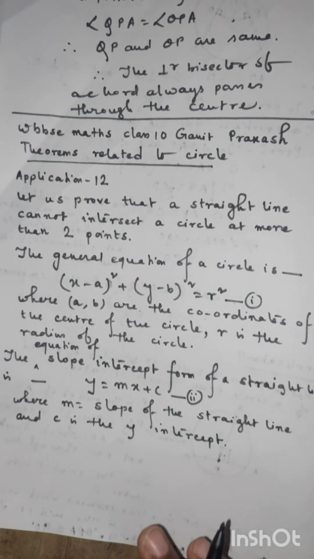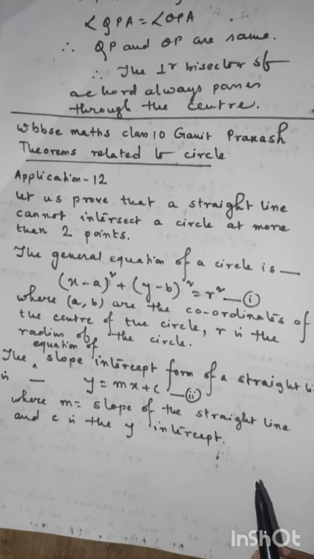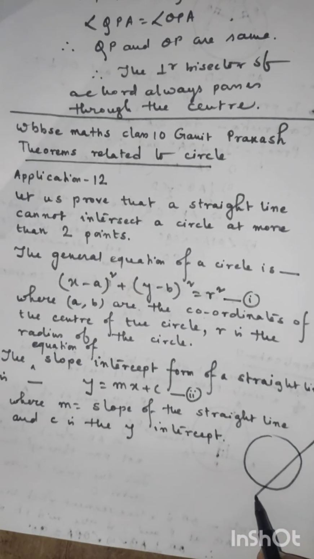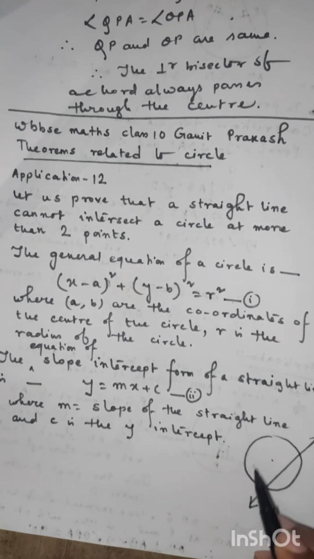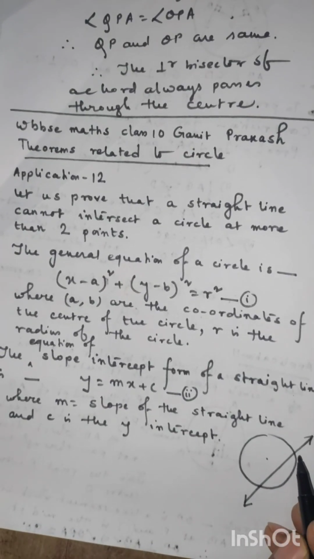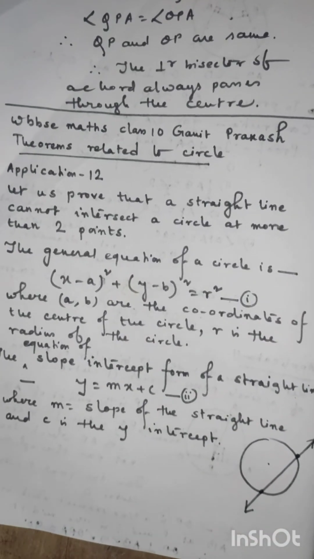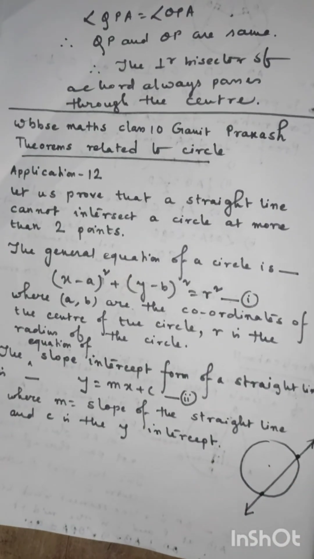Now if a straight line intersects a circle, it will form points of intersection, and if we solve these two equations, we can get the points of intersection.